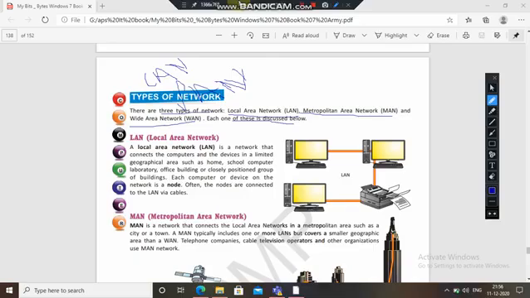A local area network is a network that connects the computers and devices in a limited geographical area such as a home, school computer laboratory, office building, or closely positioned group of buildings. Each computer or device on the network is a node. A single device is called a node in a network. Often the nodes are connected to the LAN via cables.